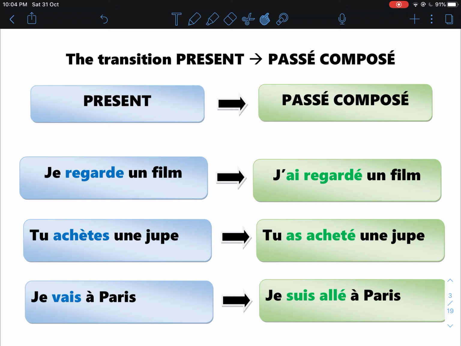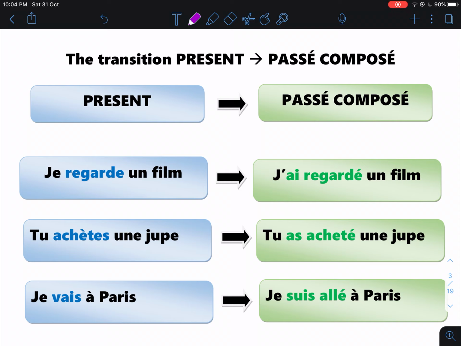In this chart, we're going to look at the transition of sentences in present tense to Passé composé. Here we have 3 examples of sentences which have been transformed from present tense to Passé composé. So you have je regarde un film, I watch a film, becomes j'ai regardé un film, I have watched a film or a movie.